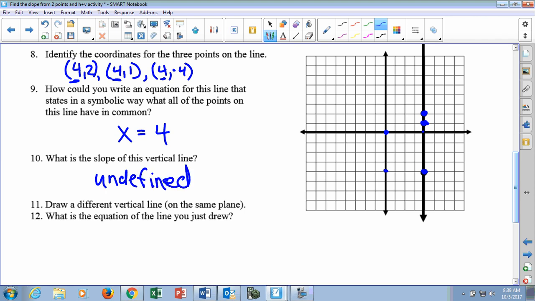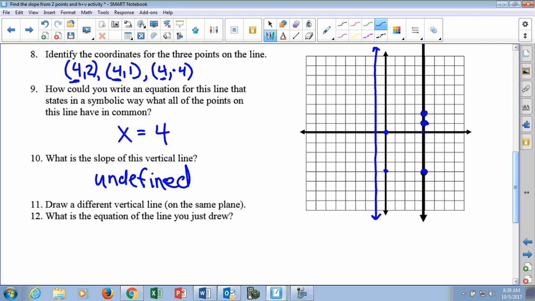All right, go ahead and draw another vertical line somewhere. That's going to be parallel to the other guy. I'll go right here. So the blue line that I just drew, what do you think the equation of that line is going to be? If the one that was already on there is x equals 4, what do you think is the equation of the line that I just drew?